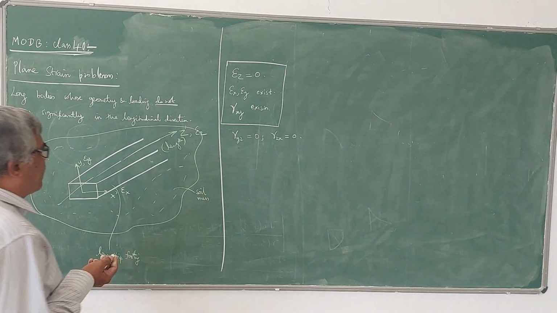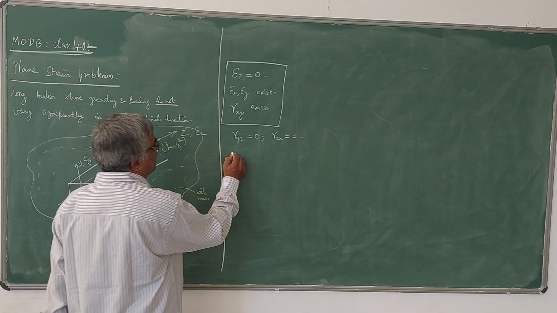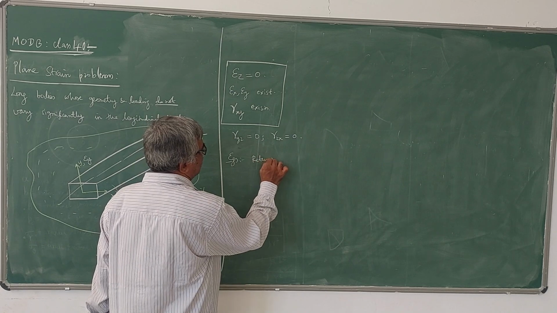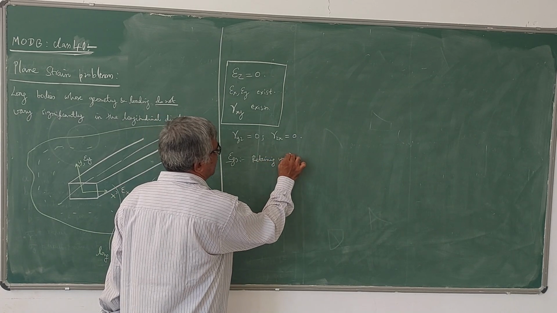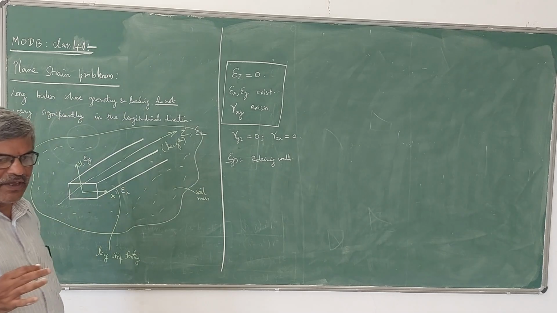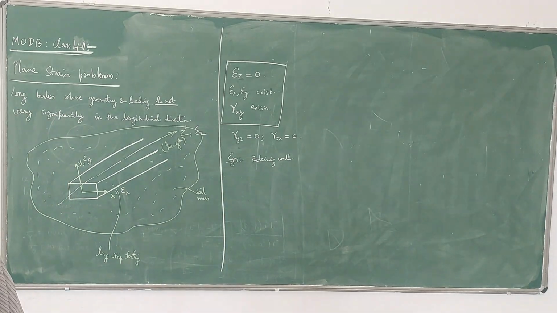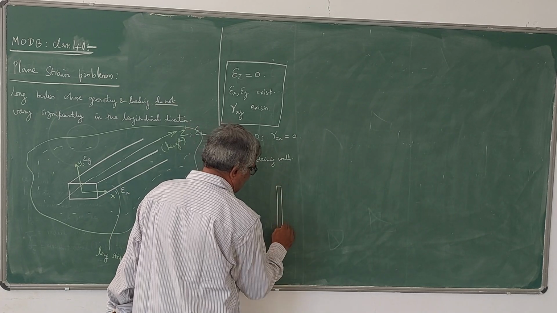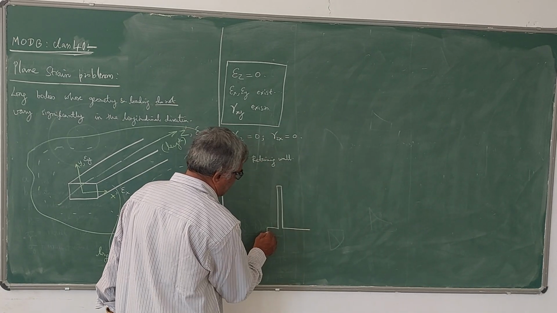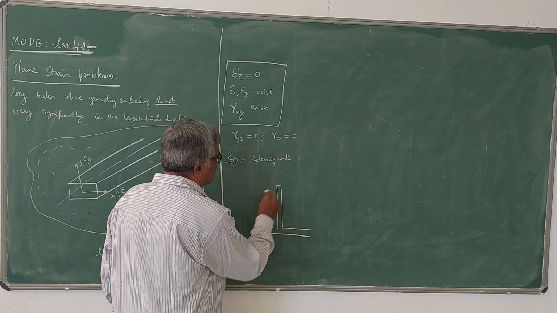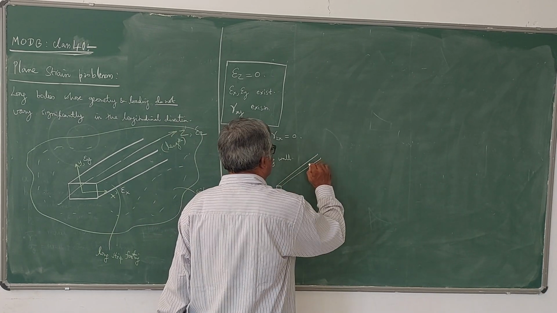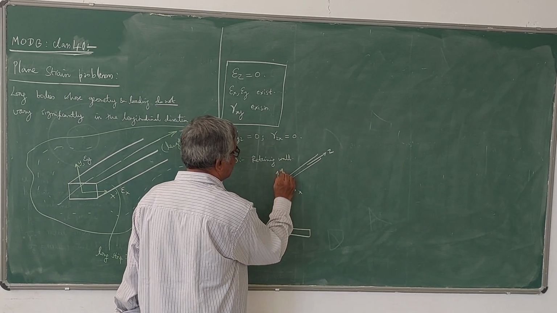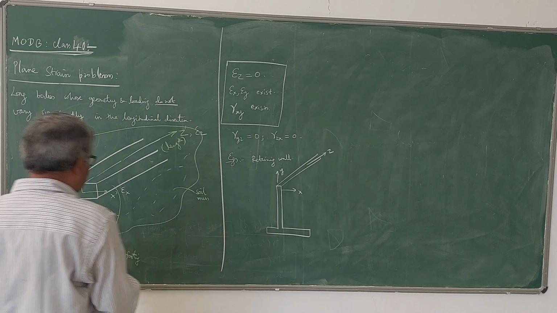So this is one example. Another example is a retaining wall. The loading does not vary along the length. This is the retaining wall, a cantilever type retaining wall, you might have studied that. Along the length is this direction, x is this, y is this, similar to that long strip footing.